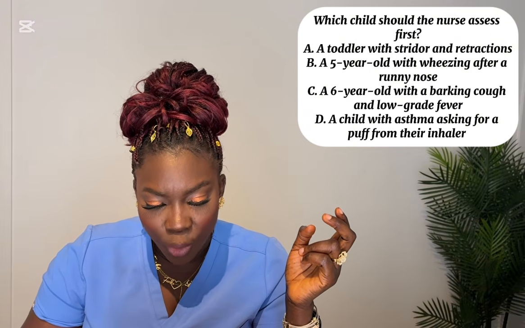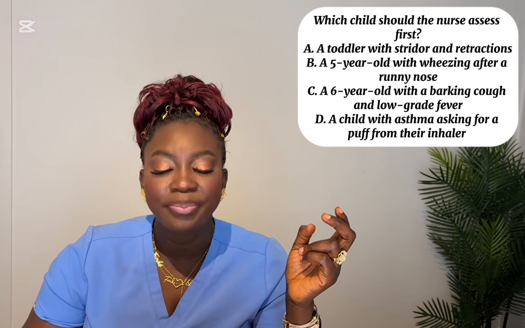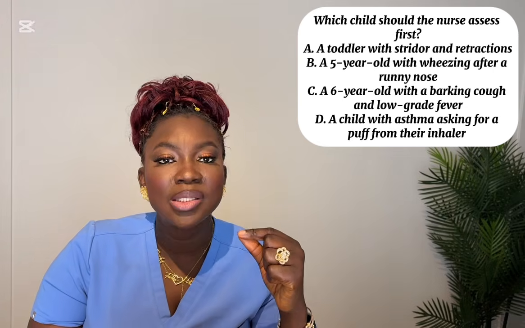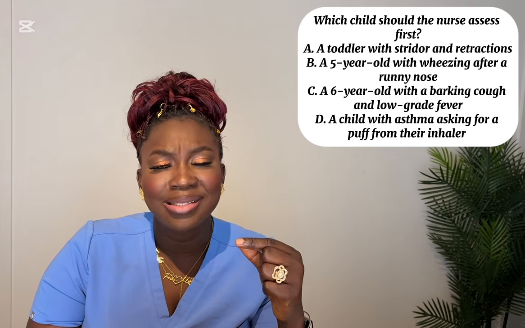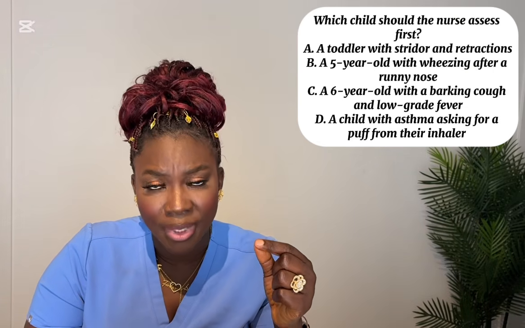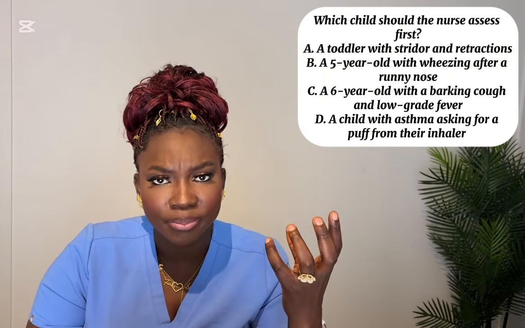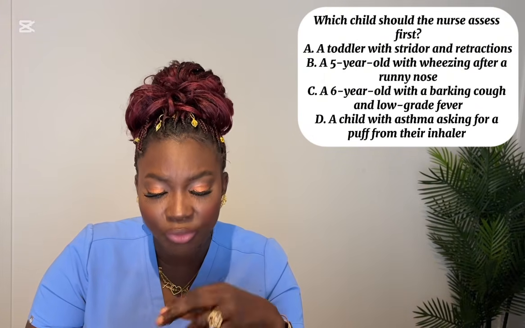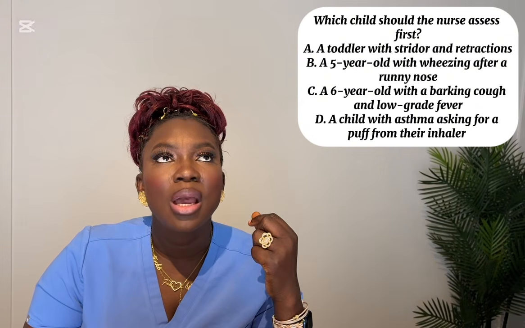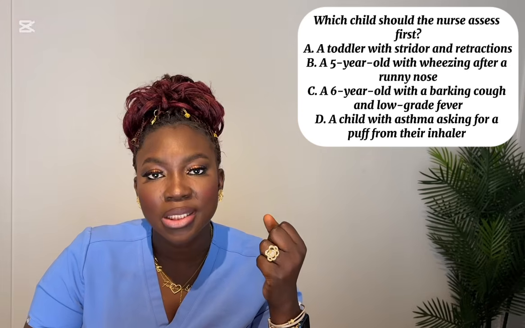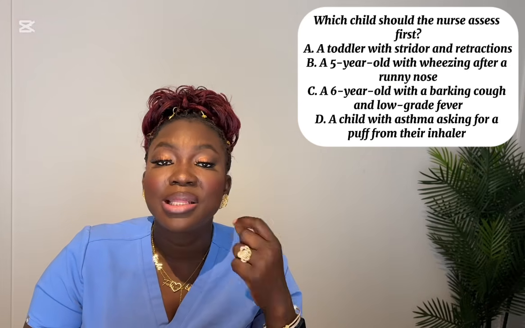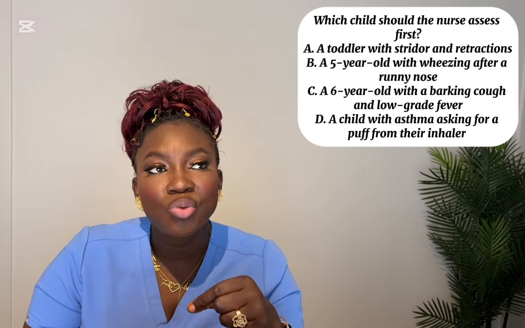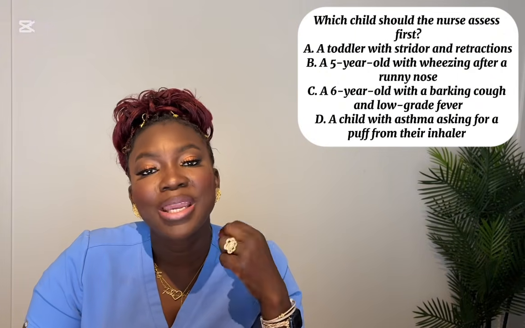C, a 6-year-old with barking cough and low-grade fever. A barking cough is a mild sign of croup, and this can be treated at home. Croup is a common respiratory illness that affects the trachea, the larynx, and the bronchi, leading to inspiratory stridor and barking cough.